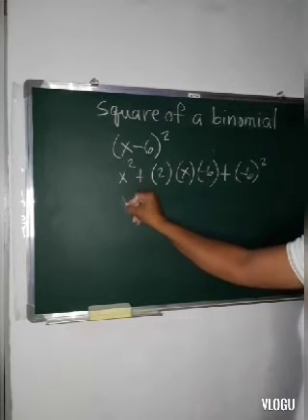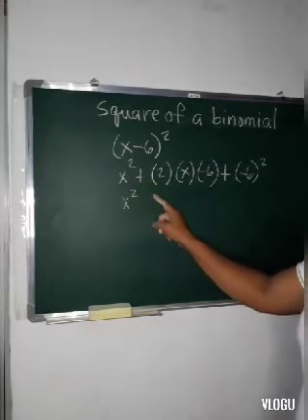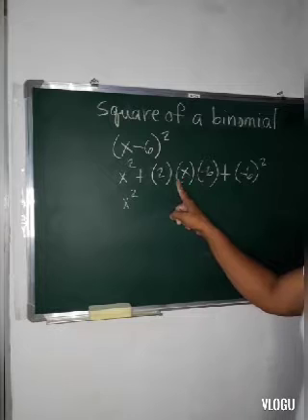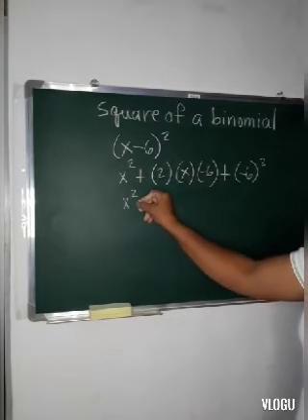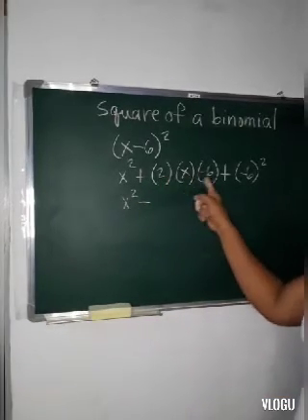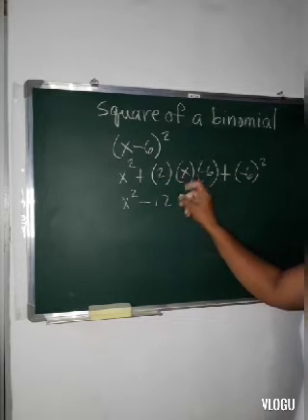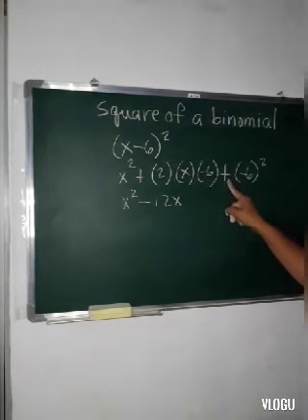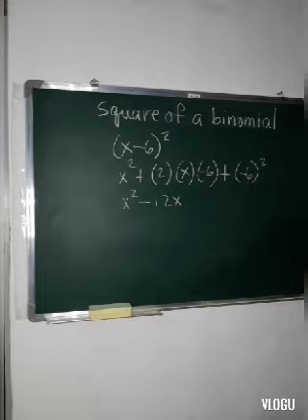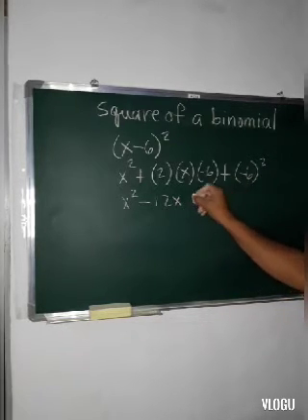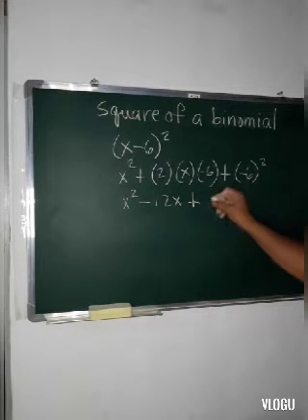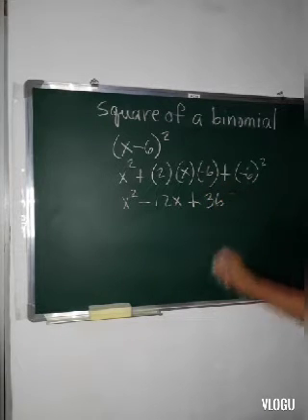So, we have already x squared. Positive times positive, positive. Positive times negative, we have negative. 2 times 6, 12. And then copy x. Then negative 6 times negative 6, negative times negative, we have positive. 6 times 6, we have 36.